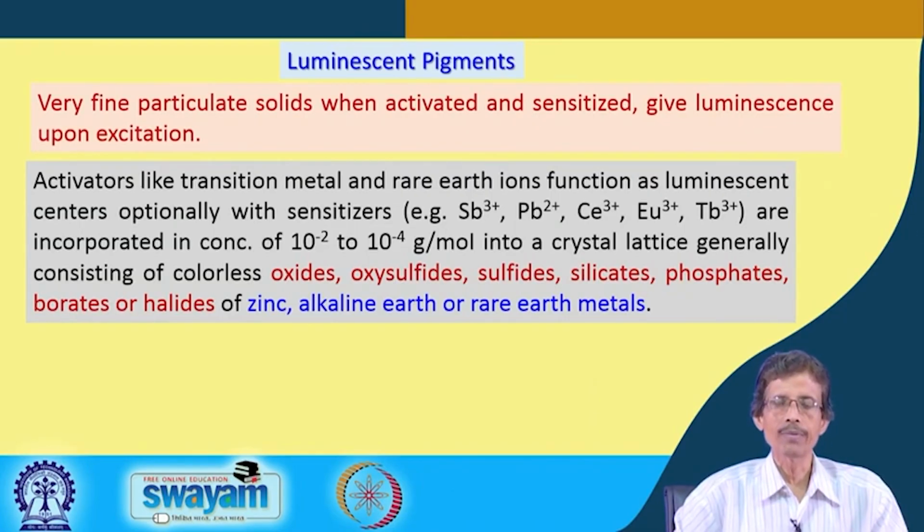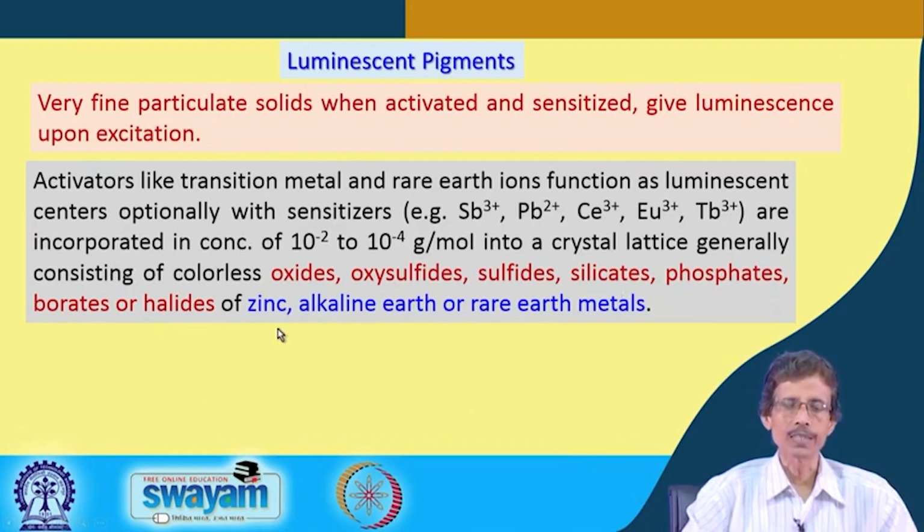Trivalent antimony and bivalent lead can also function as sensitizing material, incorporated at a very low concentration of 10 to the power minus 2 to 10 to the power minus 4 gram per mole of the material we are using, in a crystal lattice generally consisting of colorless oxides, colorless oxysulfides, sulfides, silicates, phosphates, borates and halides of what?